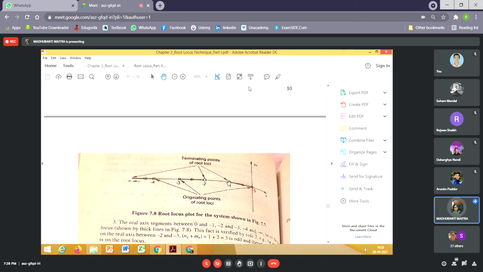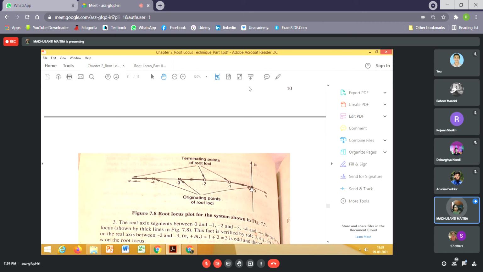Again, you can apply the rule, but it's pretty easy. This segment will be a non-onlooker segment, again this segment will be an onlooker segment, and this infinite length segment will be an onlooker segment. Is that clear?